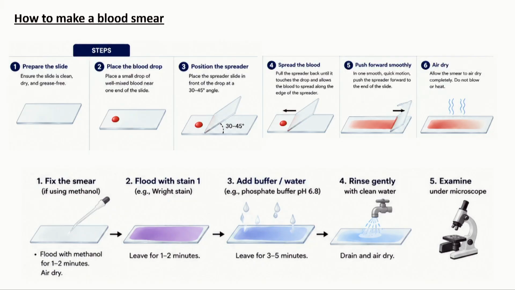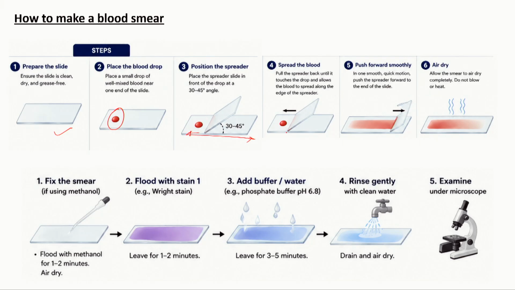So let's see something more important. Since we are talking about blood, there is a way people make a blood smear. How we can make a blood smear is we can take a glass slide and put a drop of blood at one corner, and then we can take a second slide and tilt it at maybe 30° to 45° angle, and roll it slightly backward and then move forward.